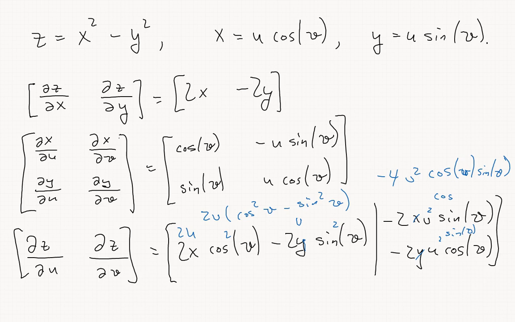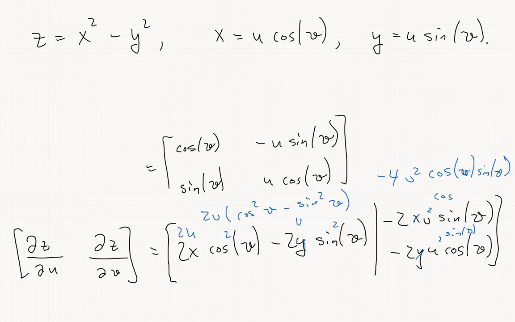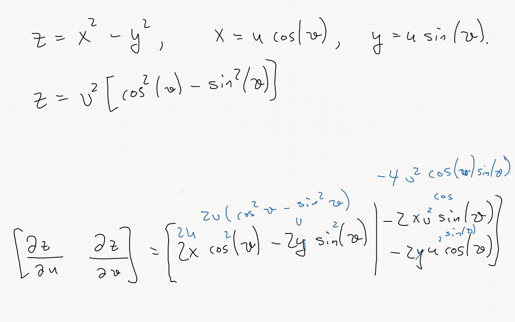Now let's again try to see that directly. So we expand the definition of z, we'll get, okay, z is equal to u squared times cos squared v minus sine squared v.